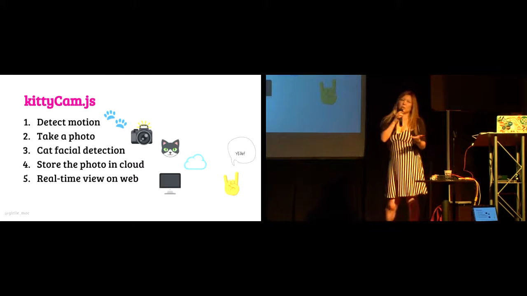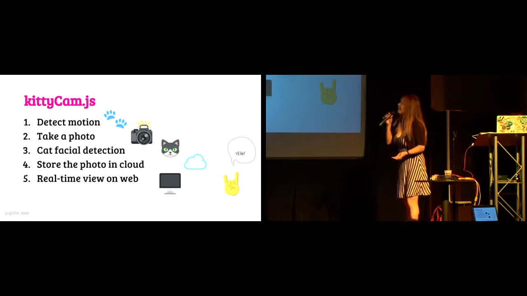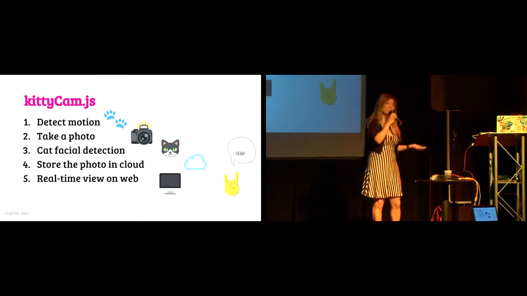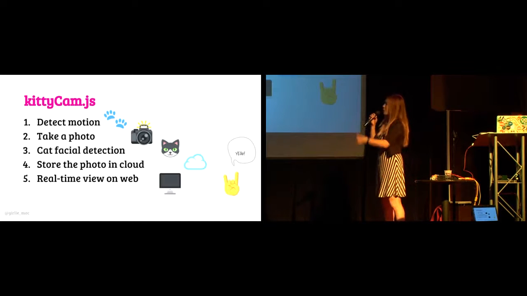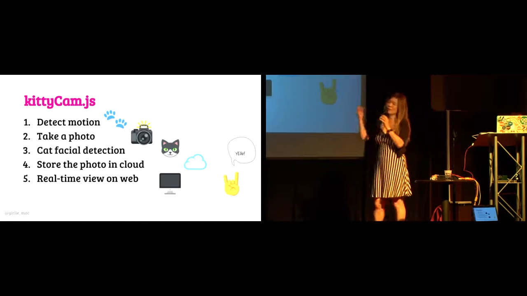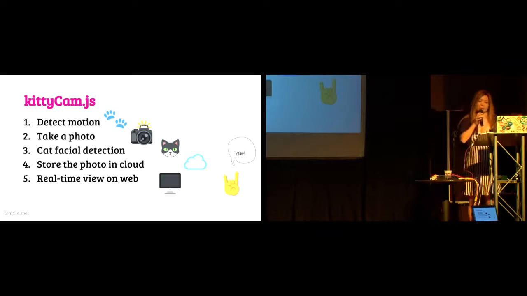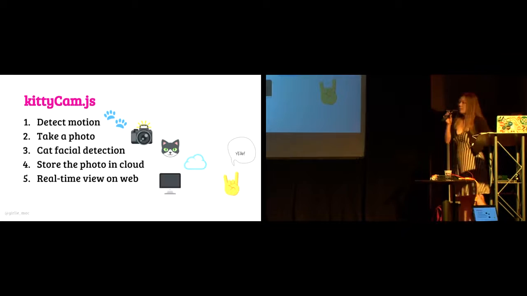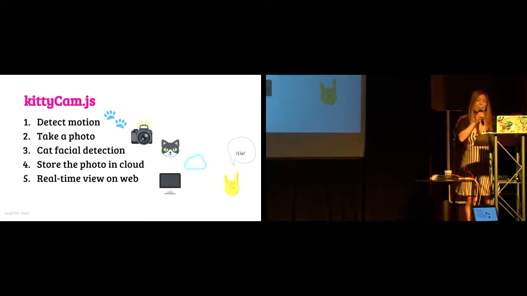And it processes the photo and sees if cats are in the photo. That's the cool part. If there are cats in the photo, it sends the photo to the cloud. And I can monitor it in real time using a socket to view those photos anywhere in the world. So basically, my camera is at home, but I can monitor my cat when I'm at work.